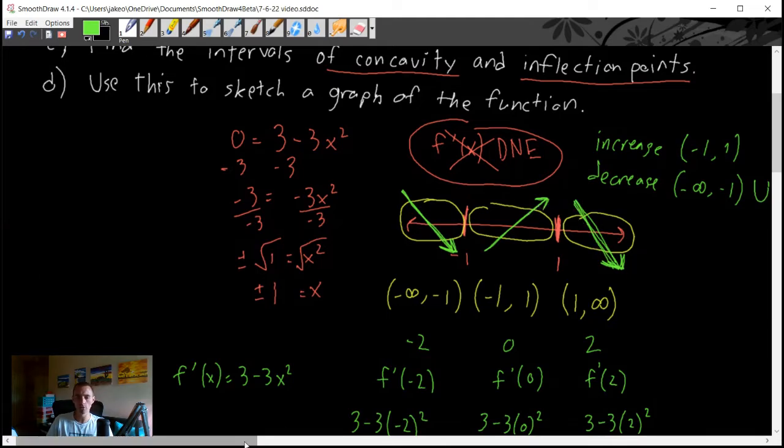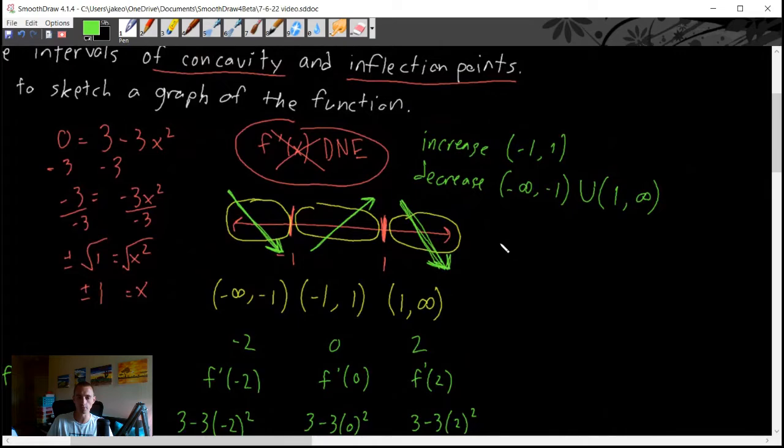So in general, the shape of our function is decreasing, increasing, decreasing, right? So you can basically see at x equals -1, we turn around and start increasing. At x equals +1, we turn around and start decreasing.